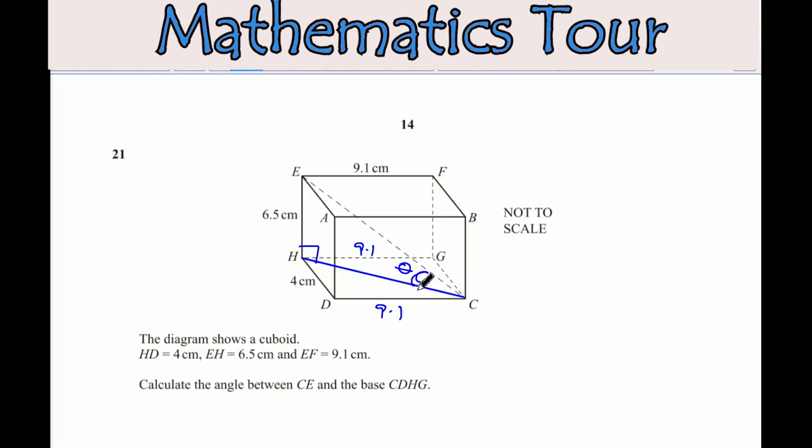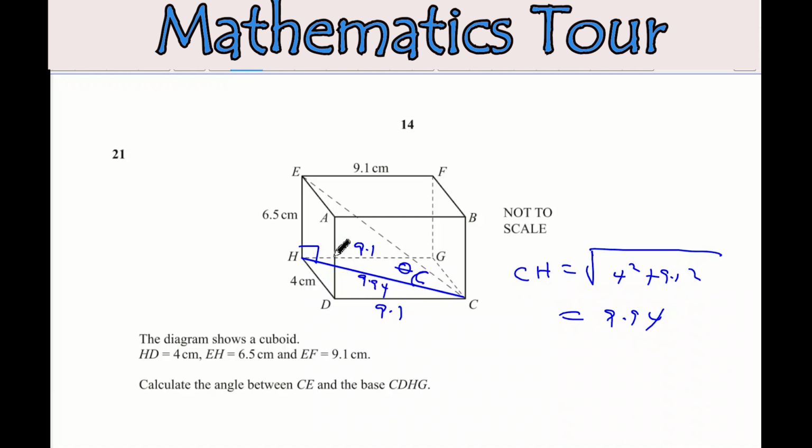So I can find CH now by using Pythagoras theorem. CH will be equal to the square root of 4 squared plus 9.1 squared. If I input this into my calculator, I should get 9.94. So this side will be 9.94.